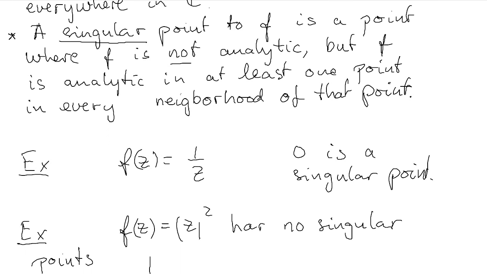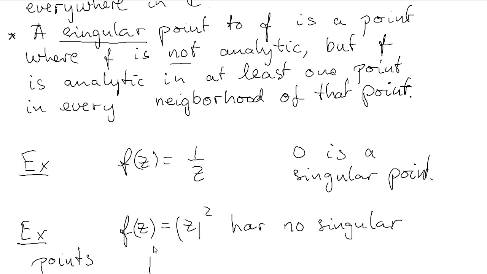Here's an example of a function with a singular point at 0. 0 is that singular point. In this case, the function is analytic in all points except at 0. So then it's trivially satisfied as a singular point.